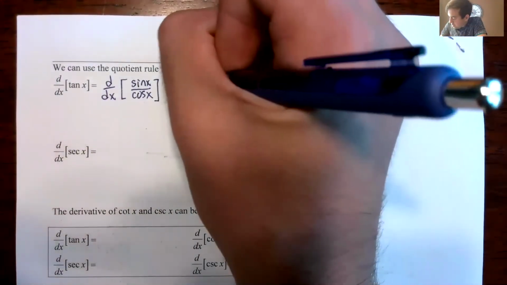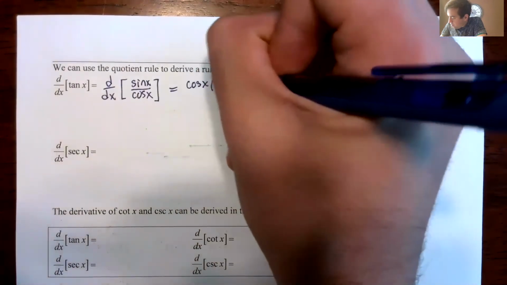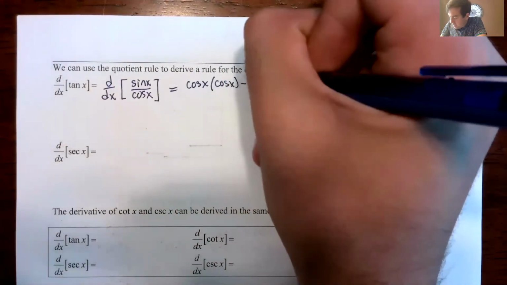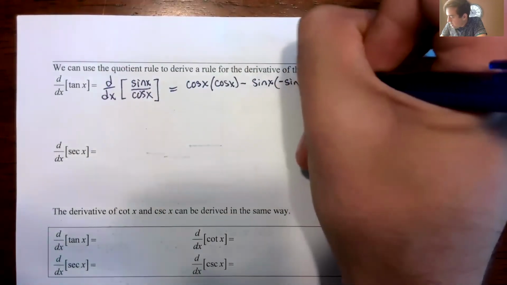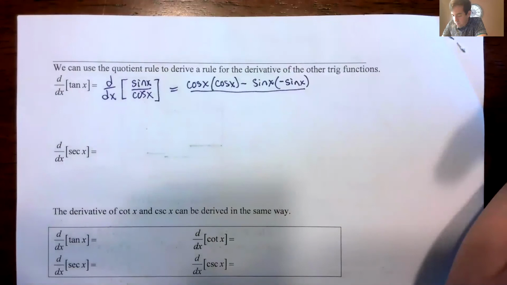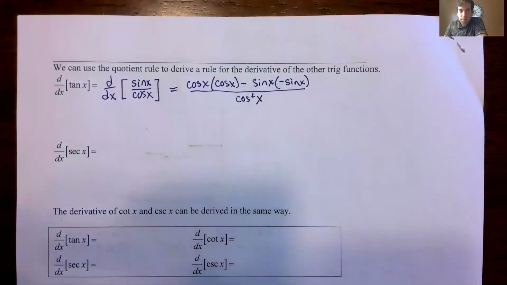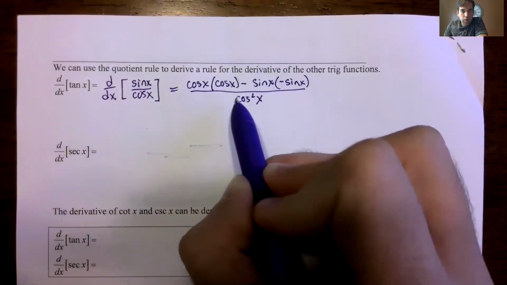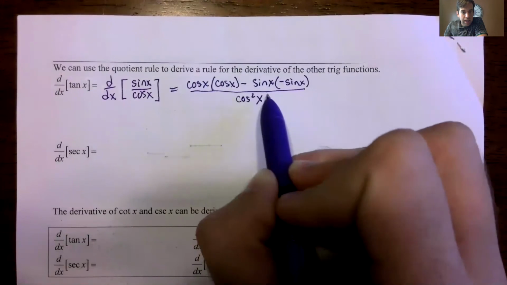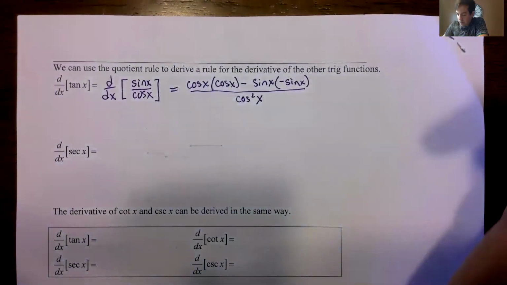So let's write this out. So we have low, derivative of sine is cosine, minus sine times the derivative of cosine, which is negative sine, all over the square of cosine. And remember, when you have a trig function that's squared, it's standard to write the exponent before the x. That's the general notation which shows that the trig function is squared.